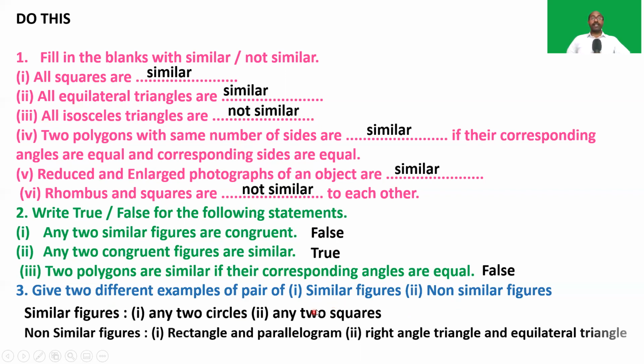For non-similar figures, a rectangle and a parallelogram are not similar because the corresponding angles may differ. A right angle triangle and an equilateral triangle are also non-similar figures, because in a right angle triangle one angle is 90 degrees, and in an equilateral triangle all angles are equal to 60 degrees. So the corresponding angles are not equal, so they are non-similar figures.